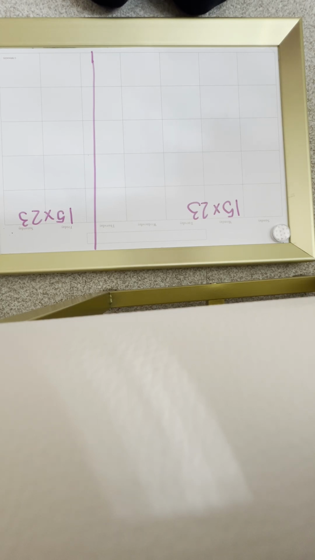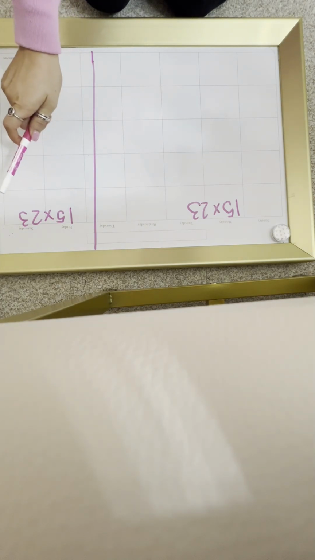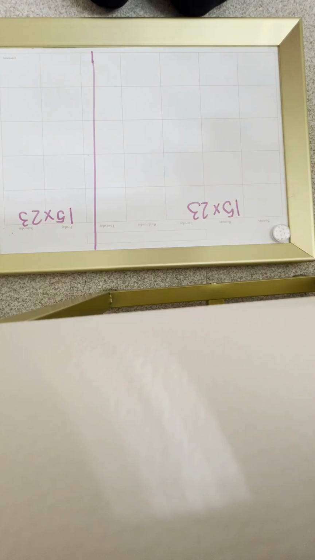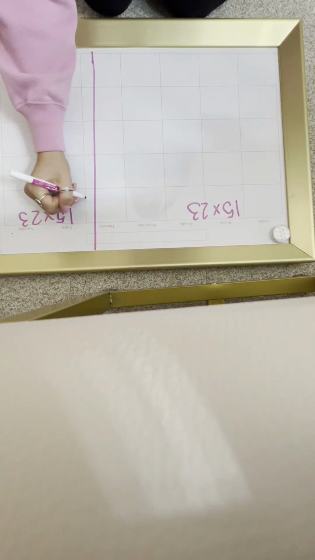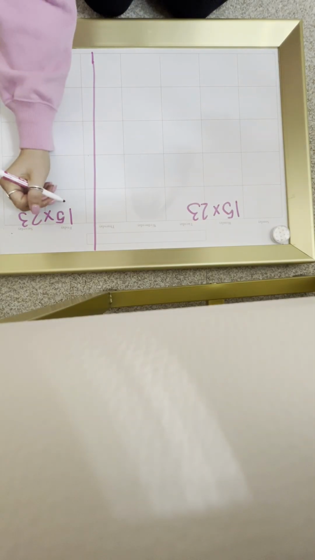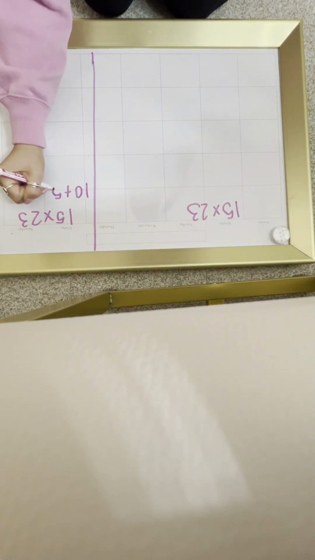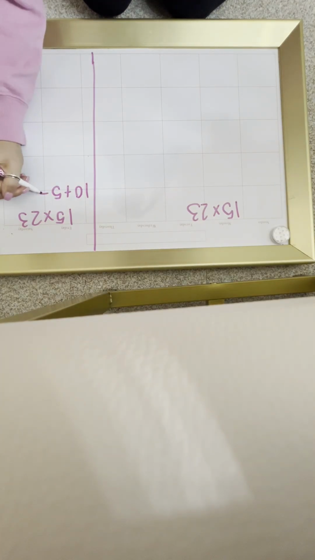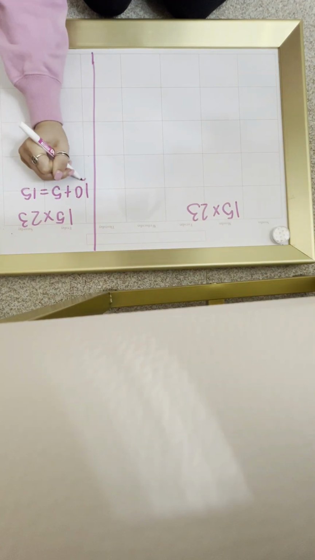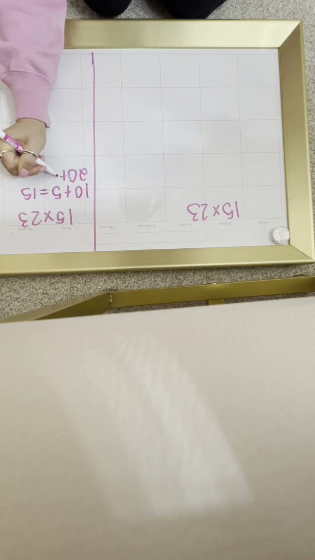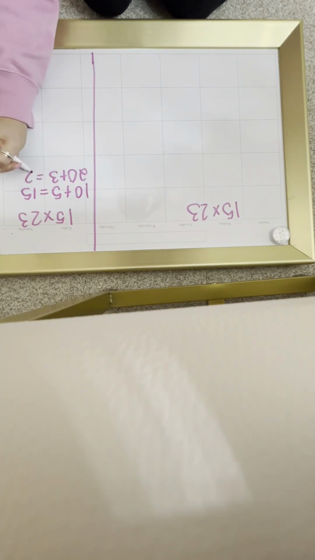So we're going to be decomposing 15 times 23. We can decompose these numbers by breaking up the tens and the ones. So 15 can be broken up into 10 plus 5, which we know equals 15, and 23 can be broken up into 20 plus 3, which we know equals 23.